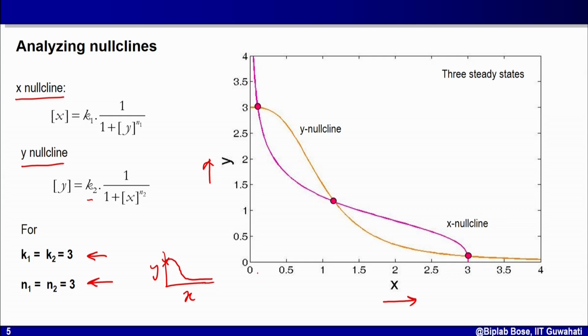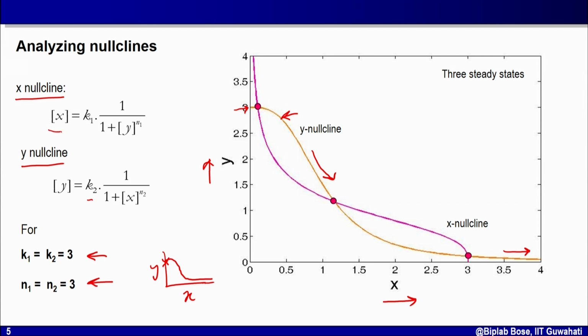So I can see here this yellow line is my y nullcline, and that is intersecting the vertical axis at 3. So that point is x equal to 0 and the value of y is 3. And then this nullcline follows a sigmoidal fall with an asymptote here at the end.